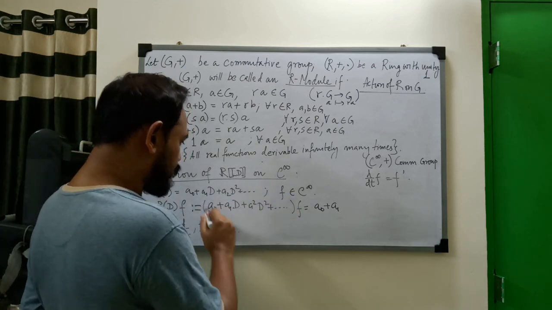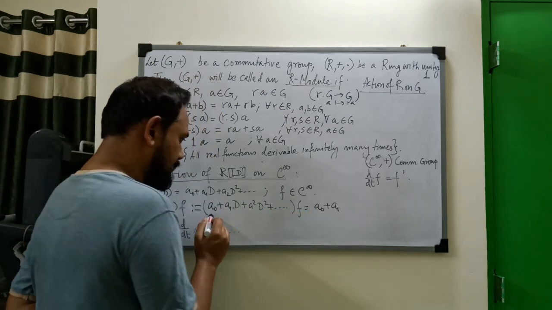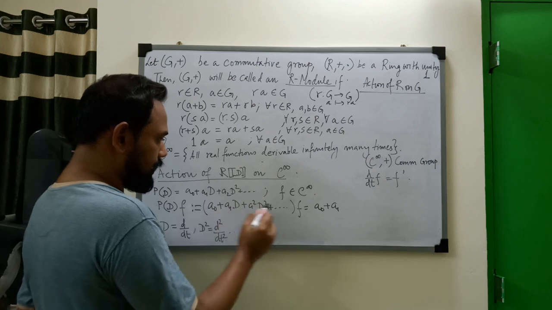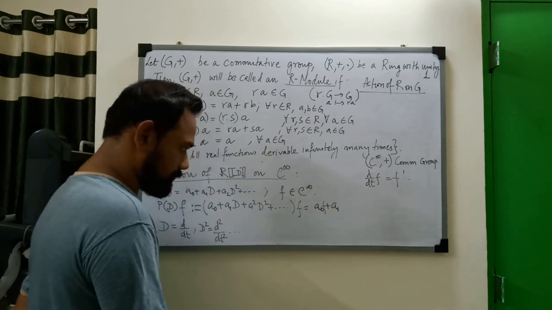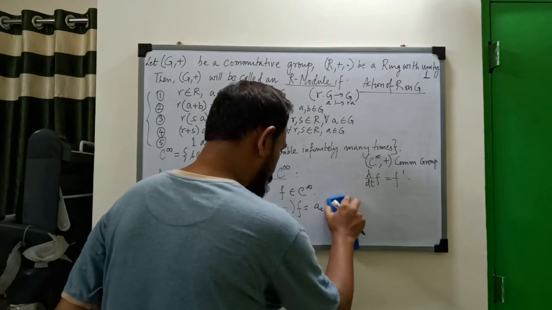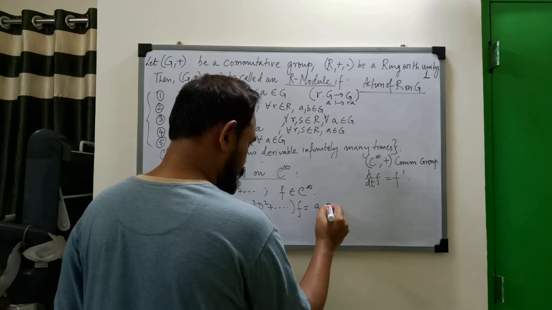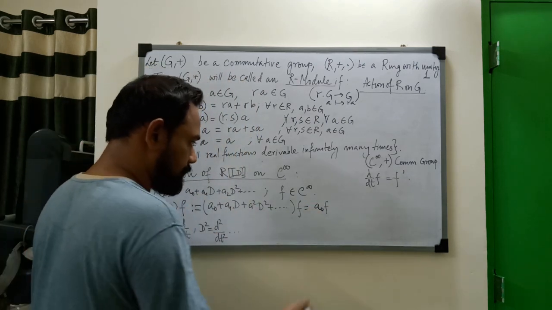So I'm now defining the action of PD on F by: A0 acts on F individually as multiplication, okay? Because A0 is a real number and it can multiply a function.